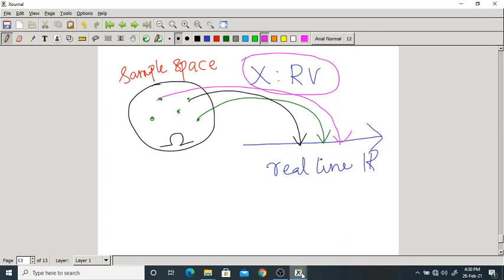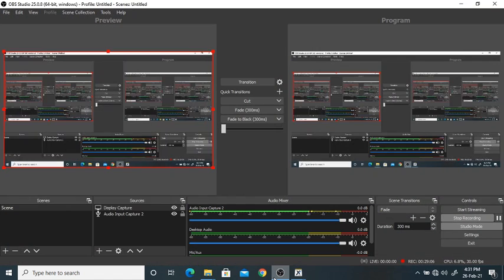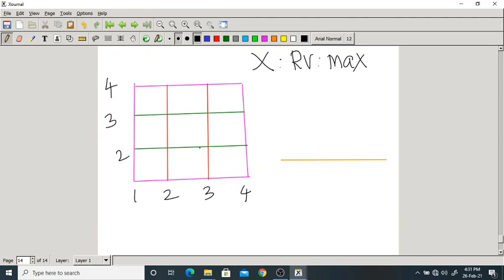I will take a simple example. Take the example of rolling a d4 die 2 times. You know these things already. Here I have defined the random variable x as the maximum of 2 rolls. Suppose you got 2 comma 3.